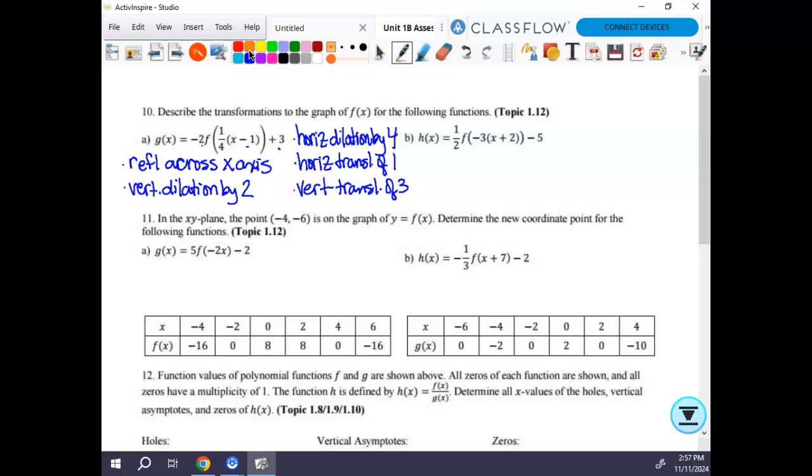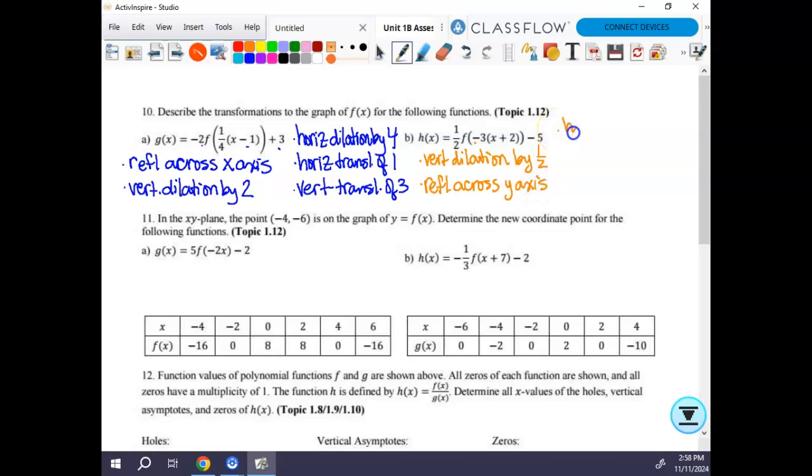Okay, here I'm going to start with this 1/2. So that is a vertical dilation by 1/2. Then I have that negative. That is going to be reflection across. Now, since that is inside the function part, it's affecting x, so it's across the y-axis. Then I have the 3.